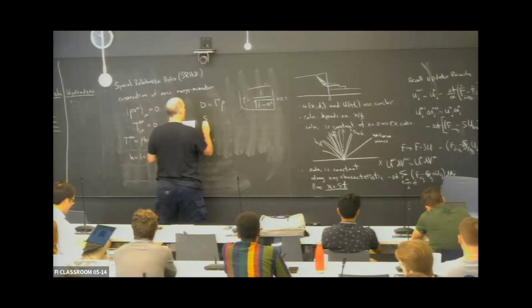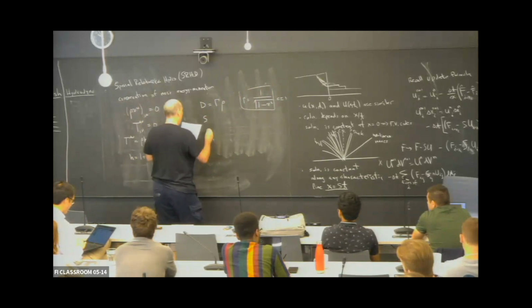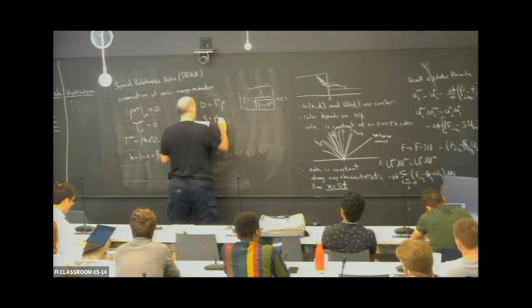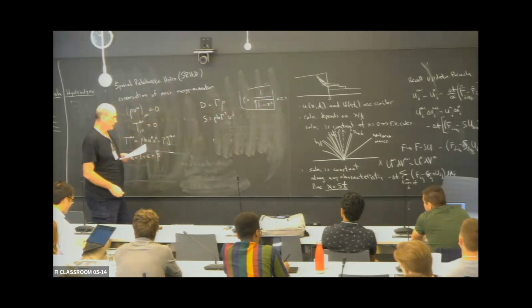The momentum comes from here, and it's just rho h gamma squared times the component of v.